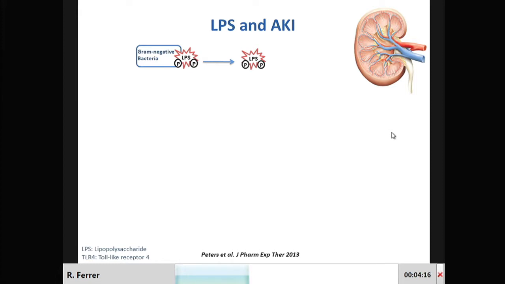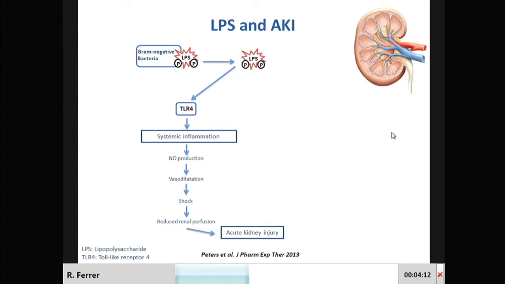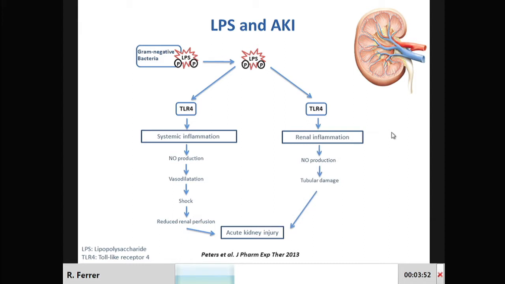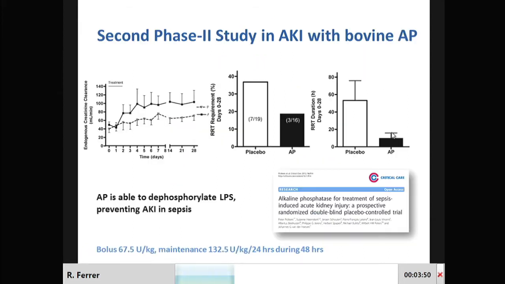If we move to the kidney, we know that in acute kidney injury there are two phenomena. One of them, which is related to the activation of toll-like receptor 4 and the systemic inflammation, goes with reduced renal perfusion. But on the other side, there is a direct effect of LPS in the kidney. Again, the kidney has toll-like receptor 4, and there is a direct renal inflammation because of a direct effect of LPS on the kidney.